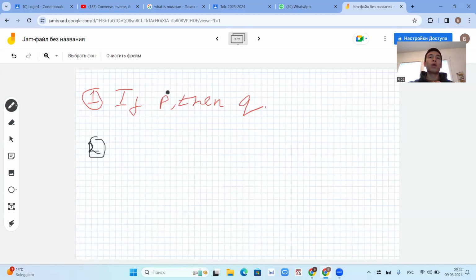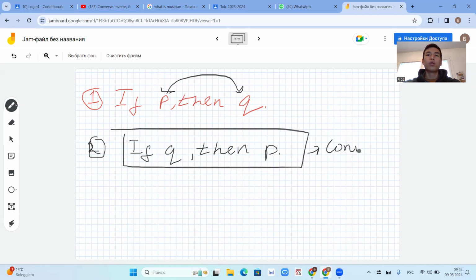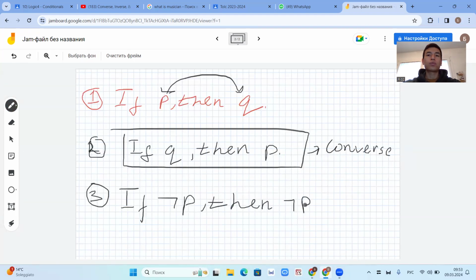We swap P and Q, and we get if Q, then P. So we have the third form, inverse. It means that if not P, then not Q. Basically, inverse is just a negation of our conditional statement.